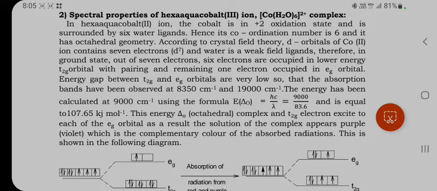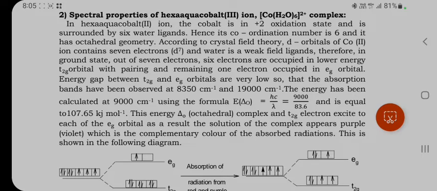According to the crystal field theory, the d orbitals of cobalt in the +2 oxidation state contain 7 electrons. That is, it has an electronic configuration of d7, and water being a weak field ligand, out of 7 electrons, 6 electrons will occupy the lower energy t2g orbitals with pairing, and the remaining 1 electron will occupy the higher energy eg orbital.